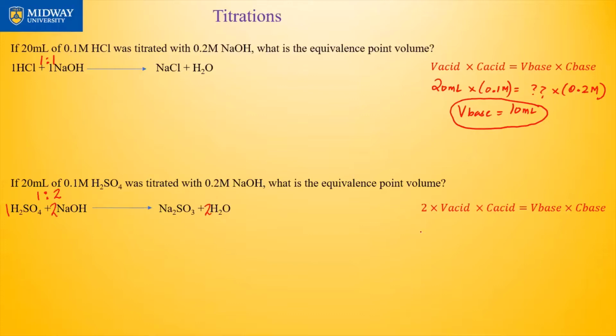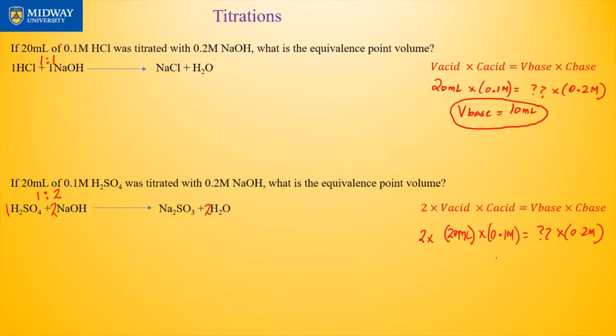We know everything else, so 2 times volume of acid is 20 mL, times concentration of acid is 0.1. We don't know volume of base. We know concentration of base is 0.2 molar. So it'll be 2 times 20 times 0.1 divided by 0.2.